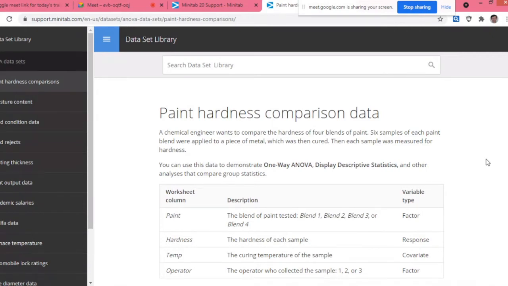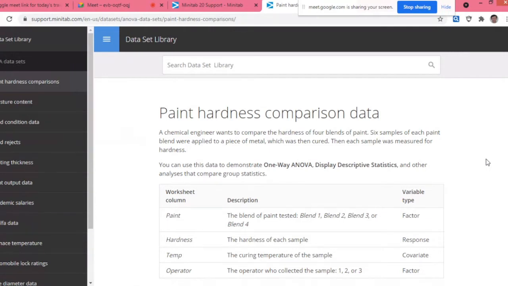Now I request any one of you to please read what the example is. Sir, paint hardness comparison data. It is the comparison of paint hardness. A chemical engineer wants to compare the hardness of 4 blends of paints. 6 samples of each paint blend were applied to a piece of metal, which was then cured. Then each sample was measured for hardness.